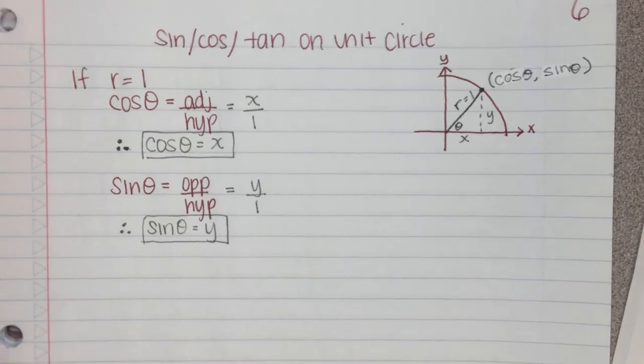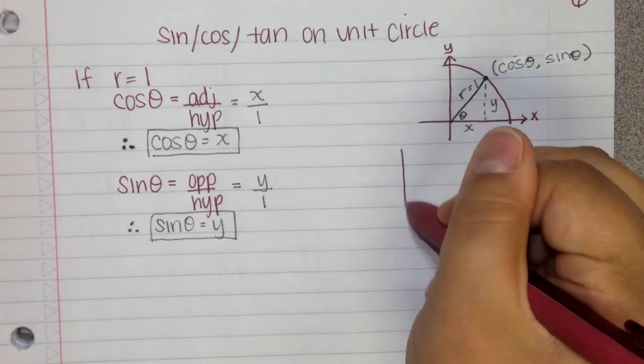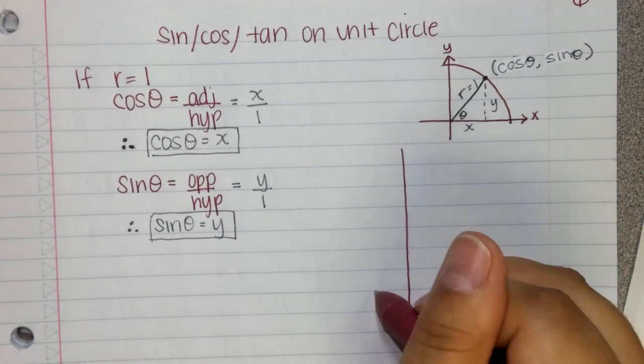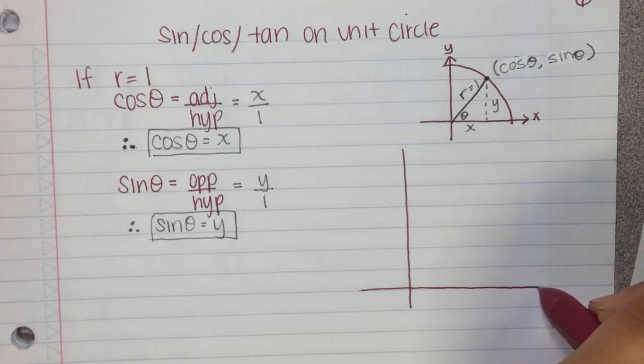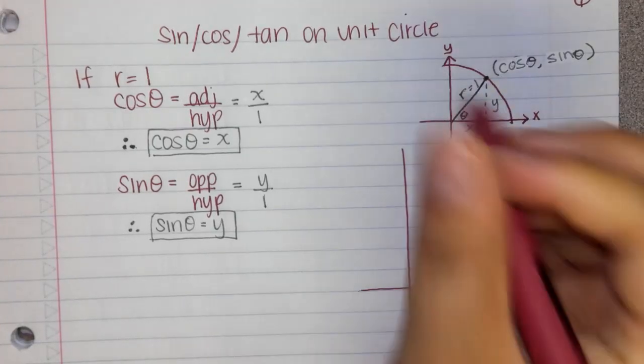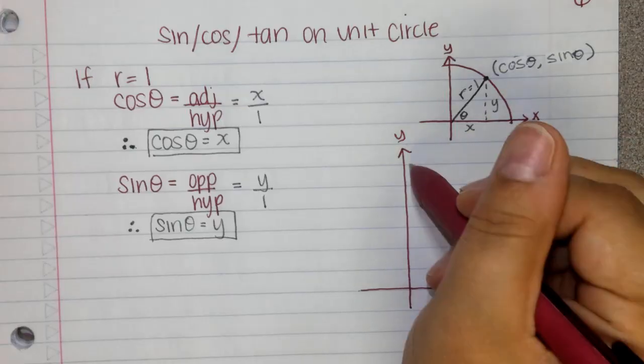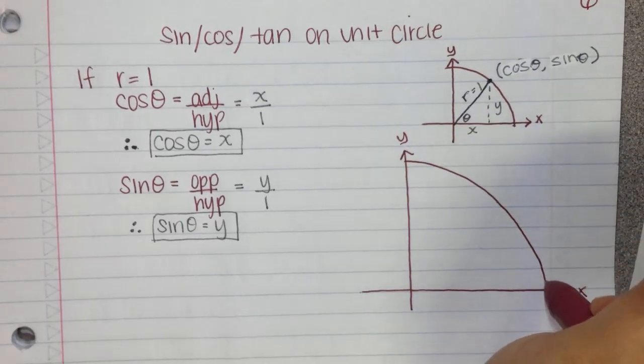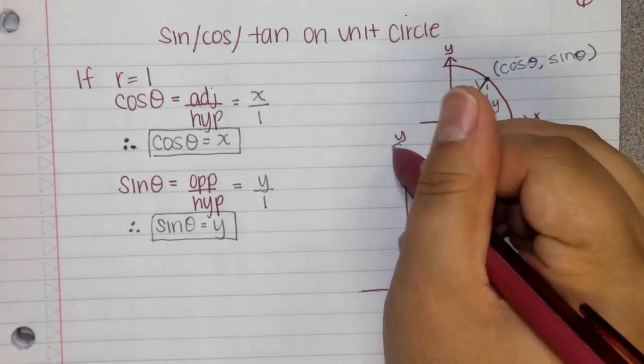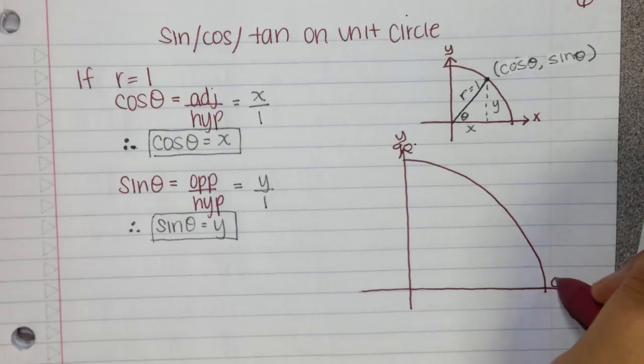Okay, now we're going to draw the first quadrant. And we're going to make this a lot bigger. And we're going to label it like we did.